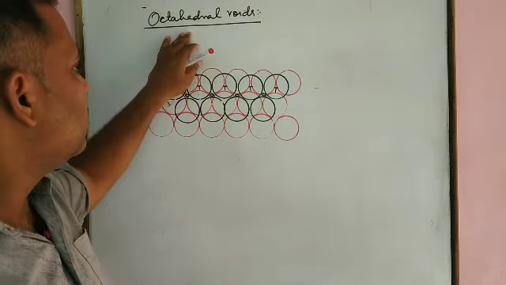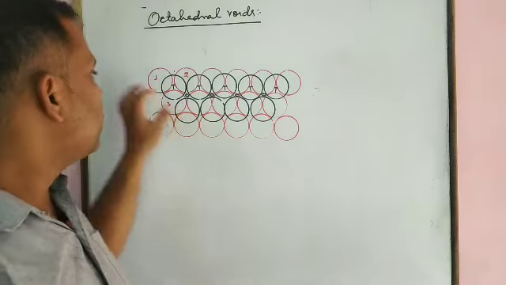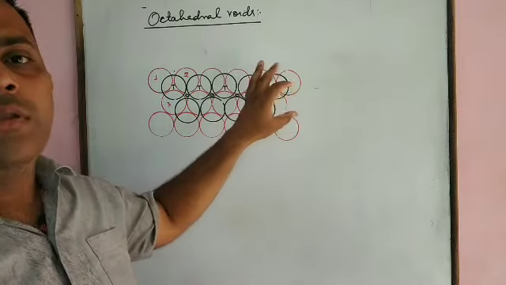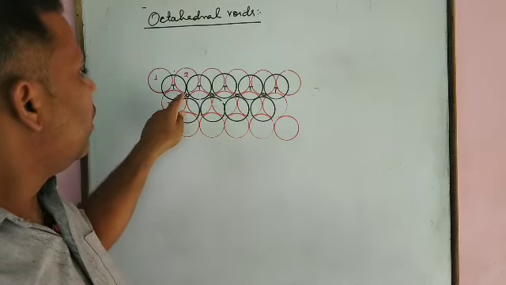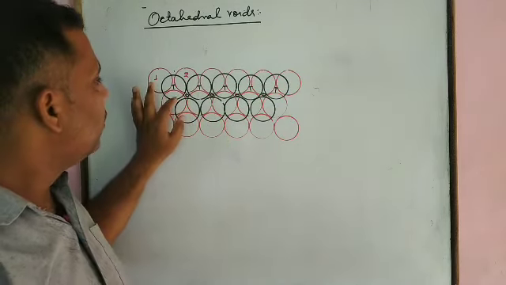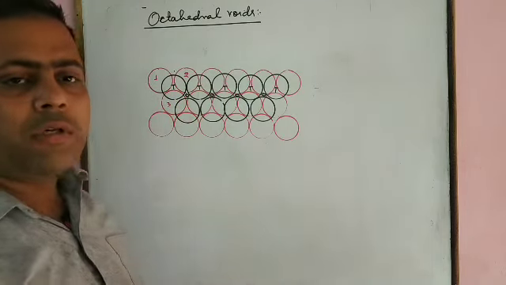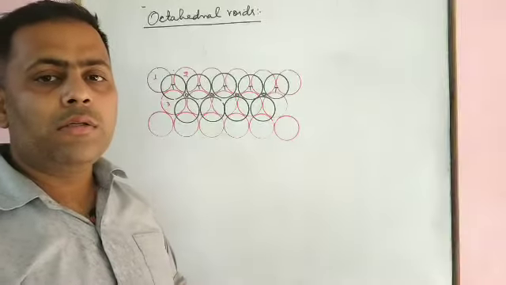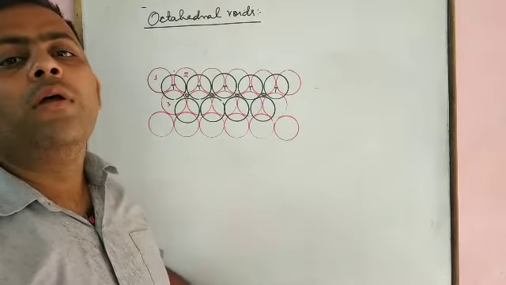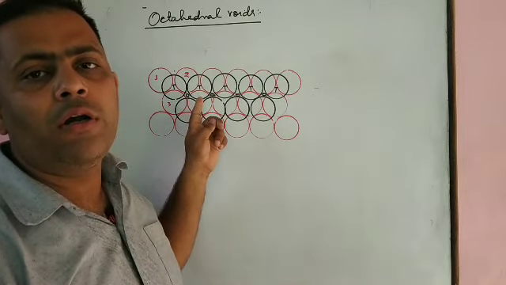In this case, if we are going to place the sphere of the second layer, then what we see is that the triangular voids of the first layer are just above the triangular voids of the first layer.